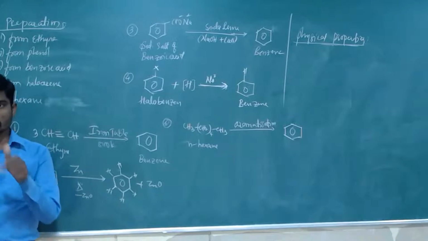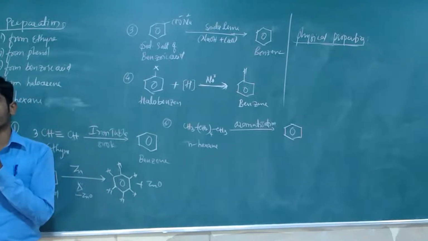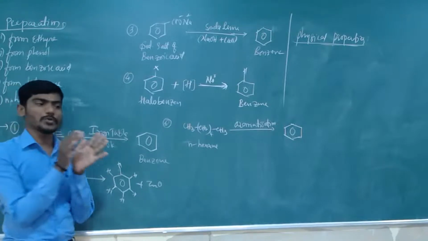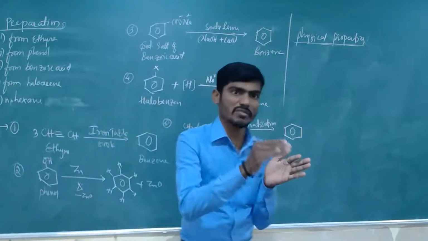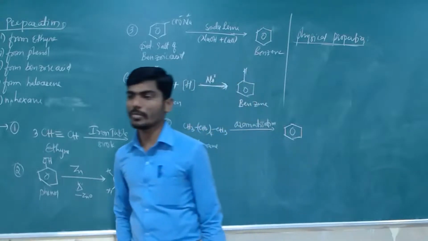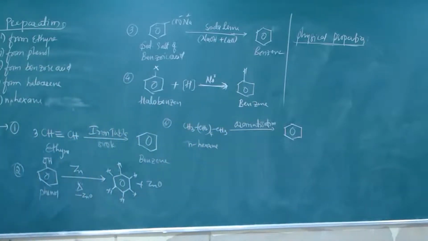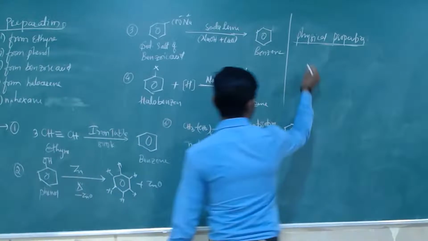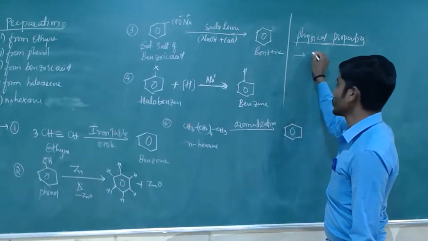Six, and it is a closed chain, not an open chain. So the lower members, up to C6 to C7 or C8, are in liquid state, whereas the higher members are preferably solids.